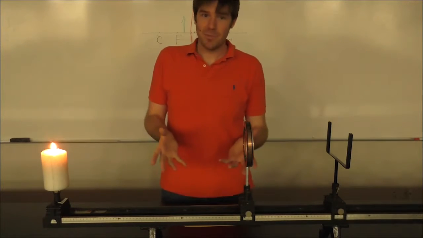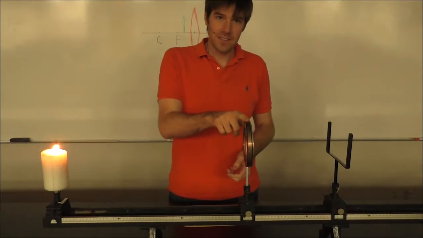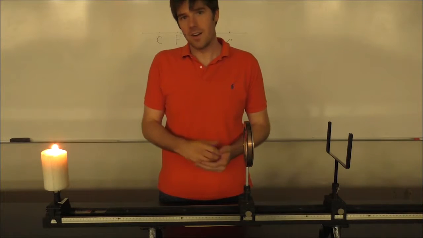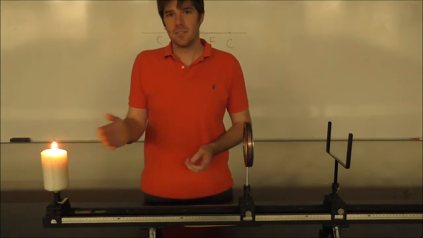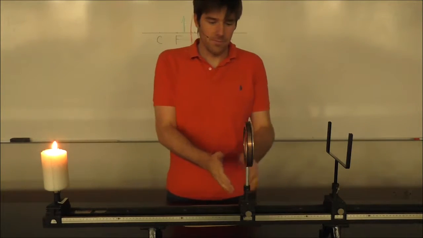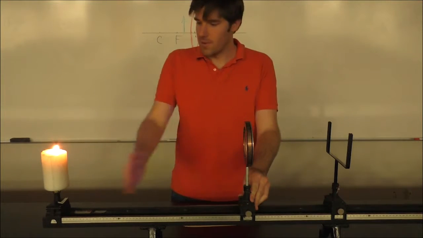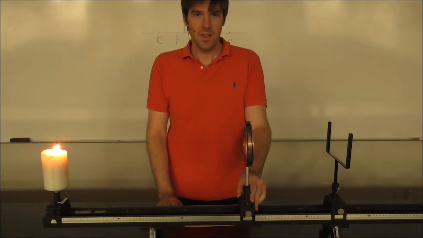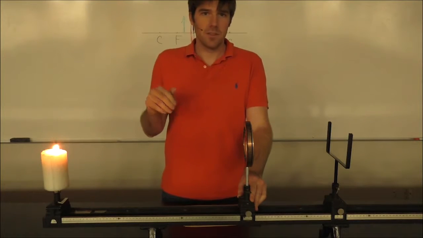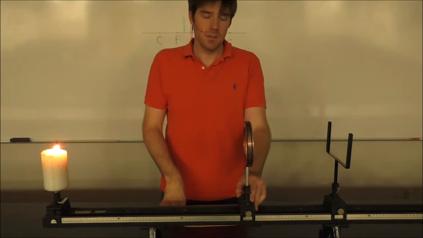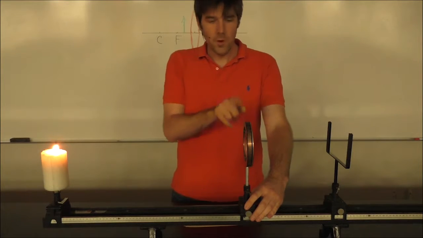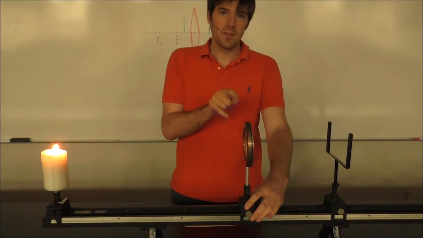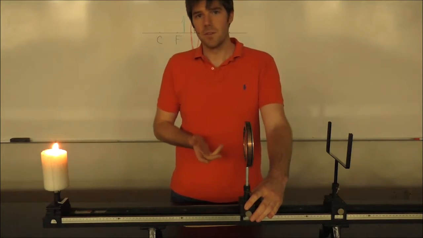So here's our setup, and we have our thin lens that's converging, and our object is going to be this candle here. And we're just going to position this lens at various distances away from the object and try to find where the image results. And we've dimmed the lights a little bit so that you can better see the resultant image. So the focal length of this particular lens is 17 centimeters.